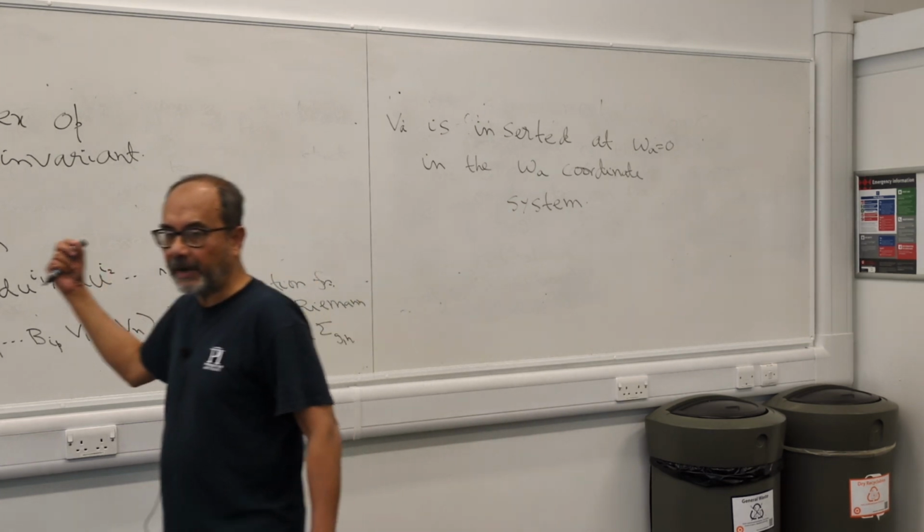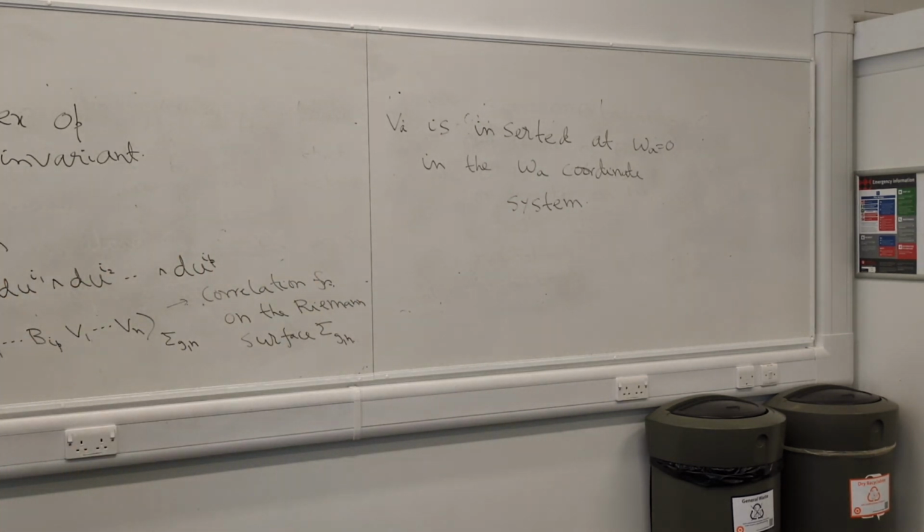Okay, so they are basically the punctures. But it's not just enough to say that they are the punctures. If you are considering V, which are not necessarily dimension 0 primaries, we also have to say which coordinate system we are using, right? And we introduce the notion of changing coordinates.